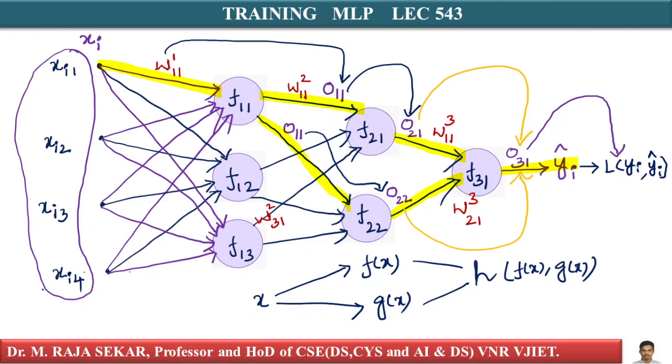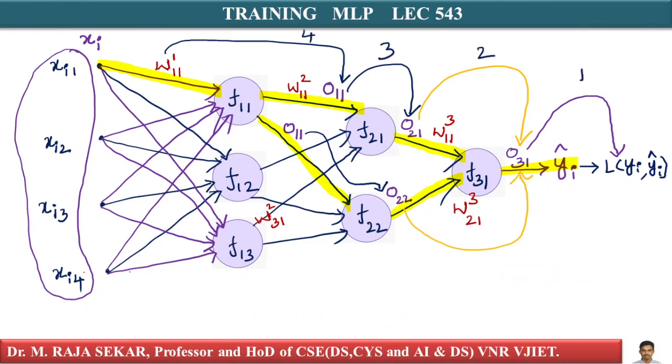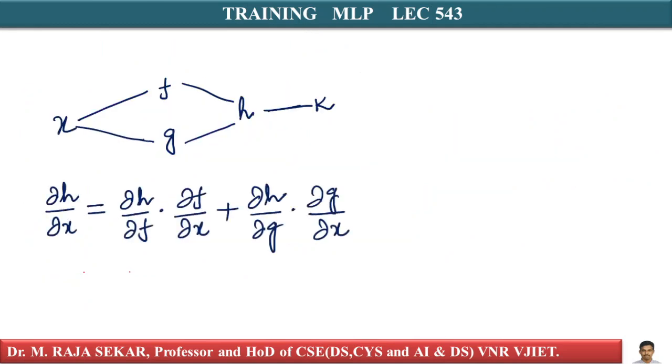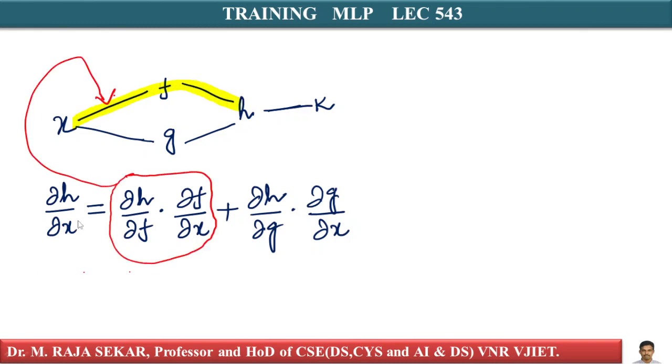In such a case, what is dou h by dou x? It is dou h by dou f into dou f by dou x, plus, there are two paths, this is the first path, and there is another.